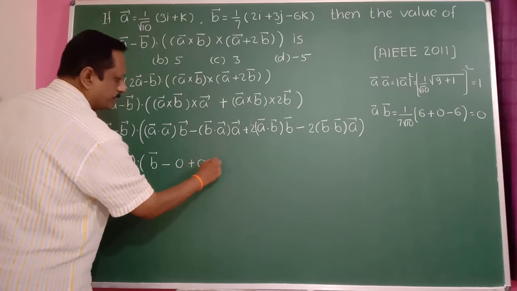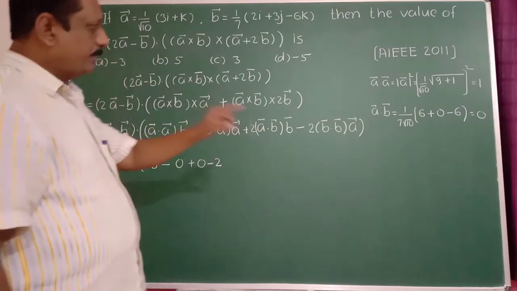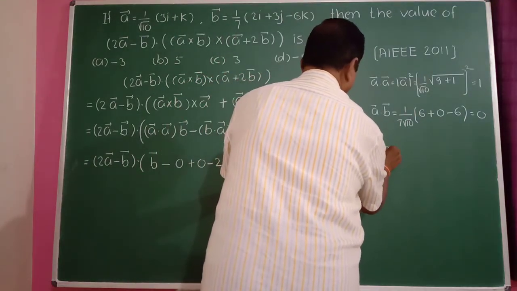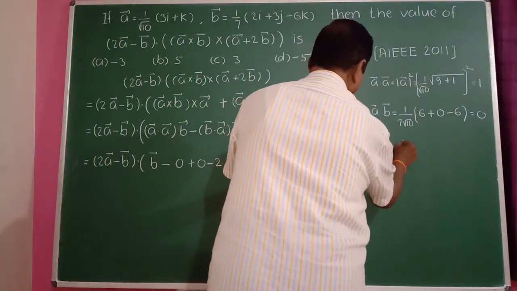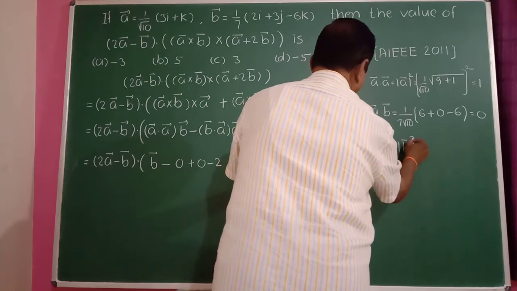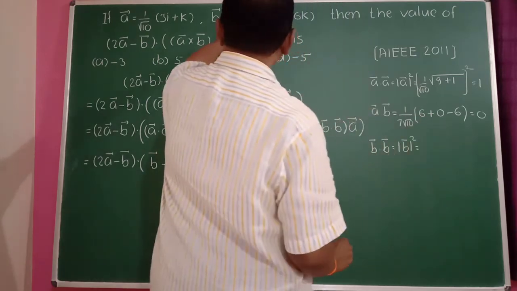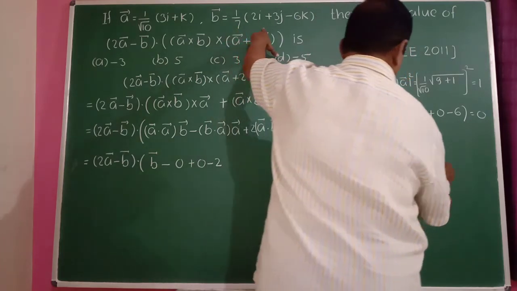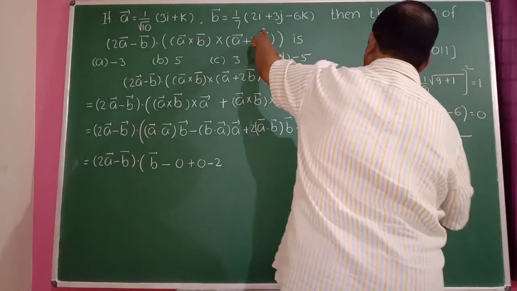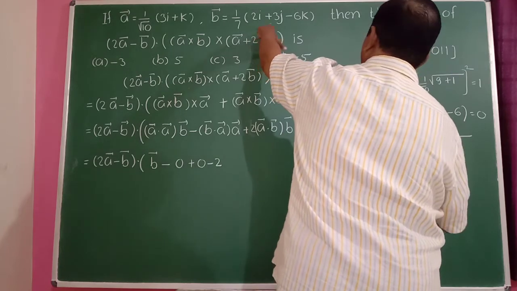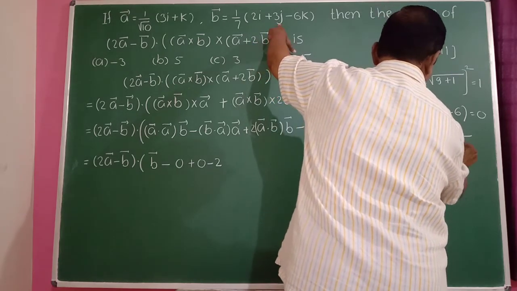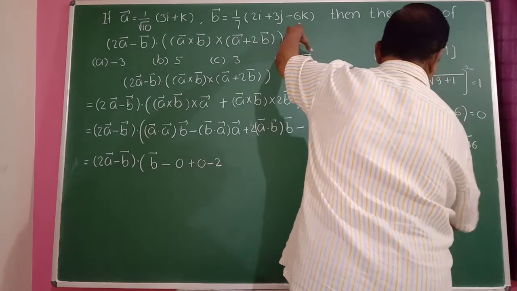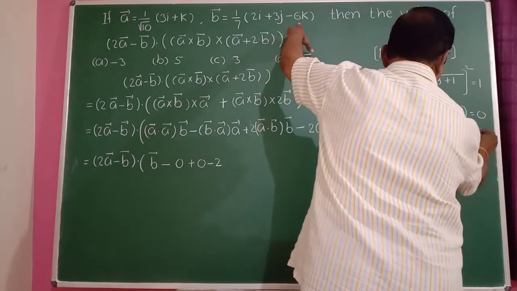Then minus of 2 into b bar dot b bar here. So b bar dot of b bar is modulus of b bar square, that is equal to 1 by 7 into root of, so 2 squared is 4, then 3 squared is 9 and 6 squared is 36, it's a square here.